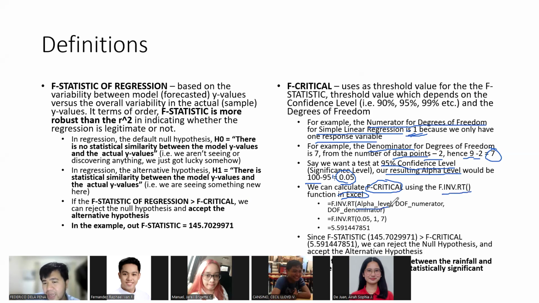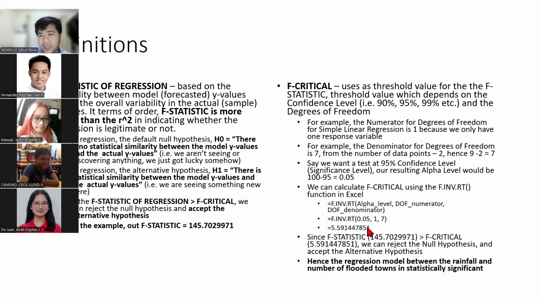So just input the alpha level, the numerator for the degrees of freedom, and then the denominator for the degrees of freedom. That's something like F.INV.RT(0.05, 1, 7), and your F critical would be 5.59144.